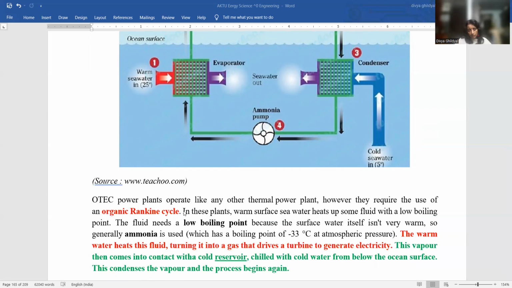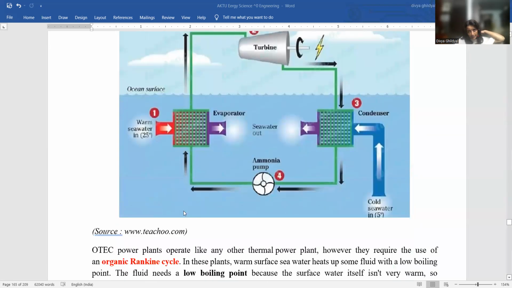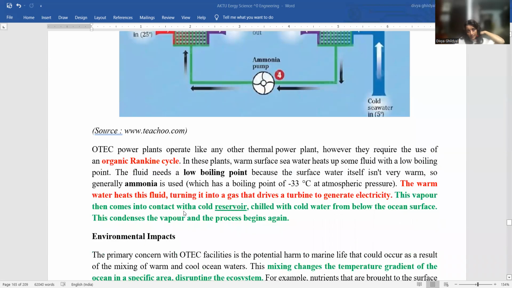So OTEC, or Ocean Thermal Energy Plant, operates like any other thermal plant. They require the use of Rankine cycle. It has been discussed in Unit 1. Warm surface seawater heats up some fluid with a low boiling point, and this temperature difference gives rise to generation of electricity.